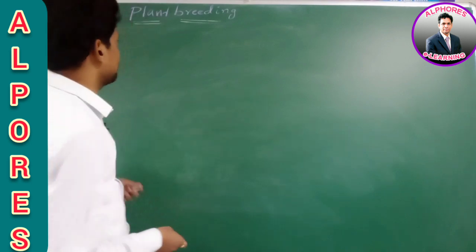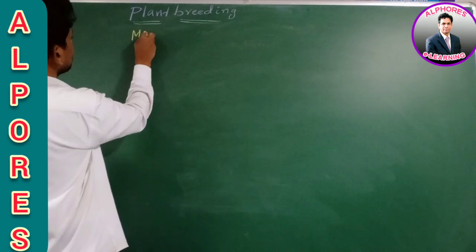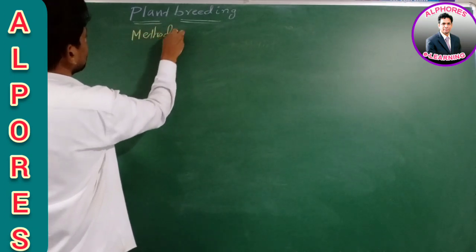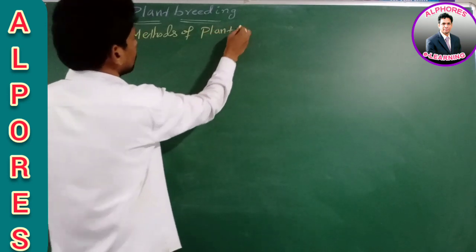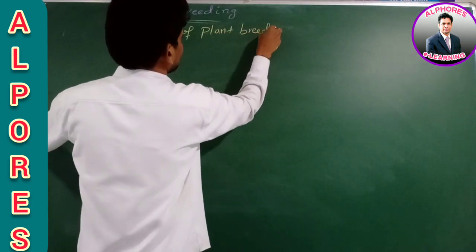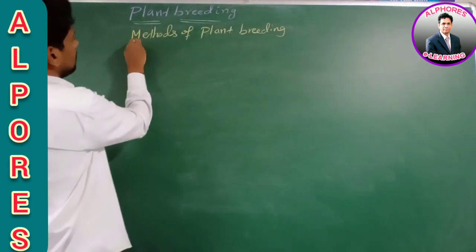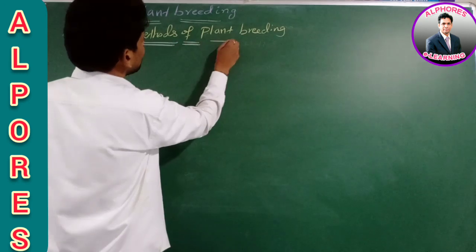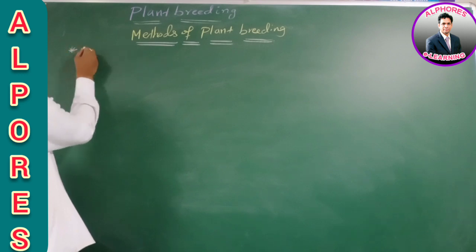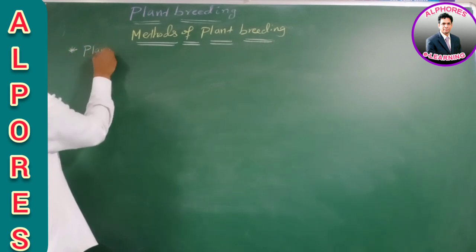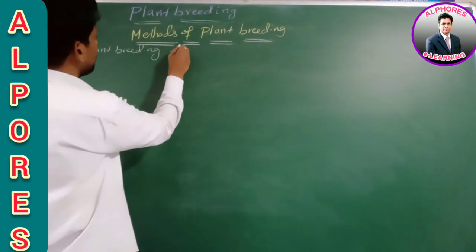Now go for methods of plant breeding. Plant breeding is also called crop improvement. What is another name for plant breeding? Crop improvement.